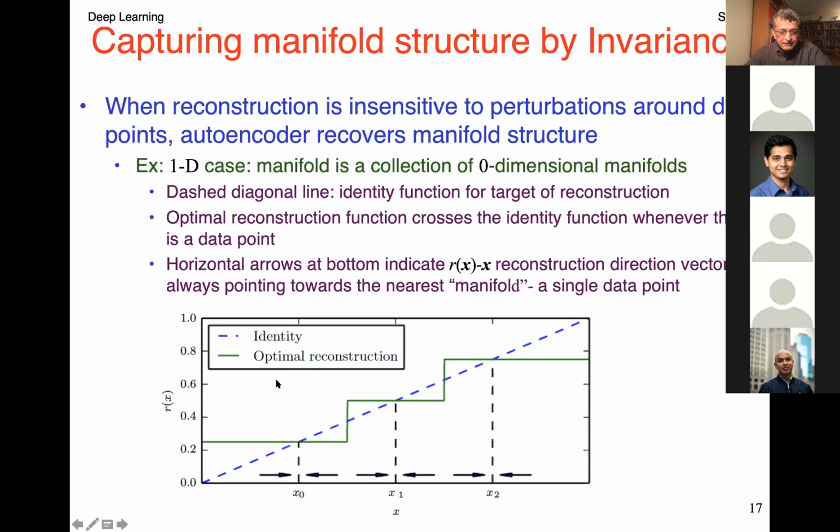And the point defined by this dotted line over here, and this blue dotted line is what's called the identity line. It's roughly the 45-degree line, which produces r of x exactly equal to x.